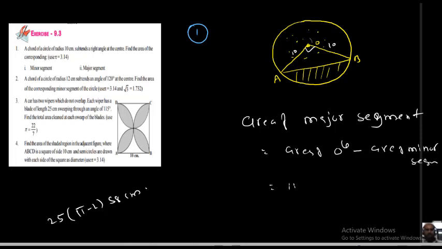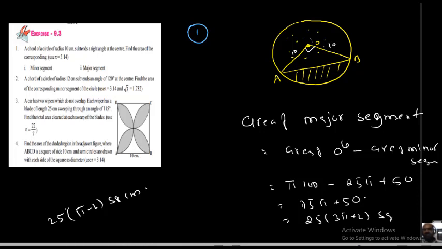Area of circle is pi r square, r means 10, so 100 pi. Minus what we just got, 25 pi minus 50, so 100 pi minus 25 pi plus 50. That is 75 pi plus 50. You can take 25 common: 25 times (3 pi plus 2) square centimeters. So this is the area of the major segment.